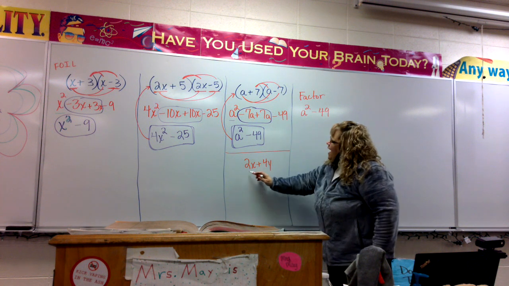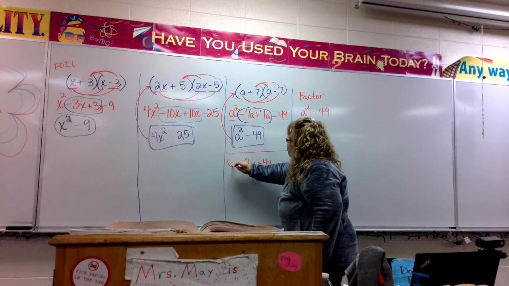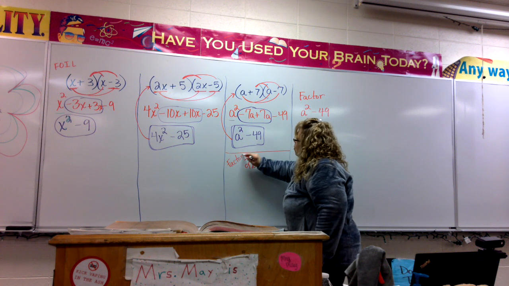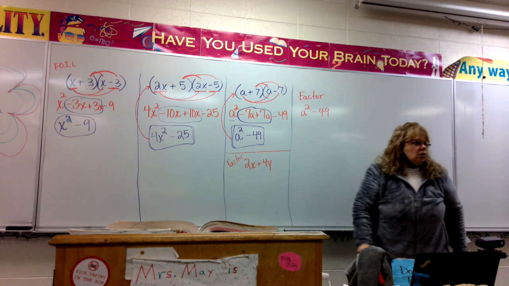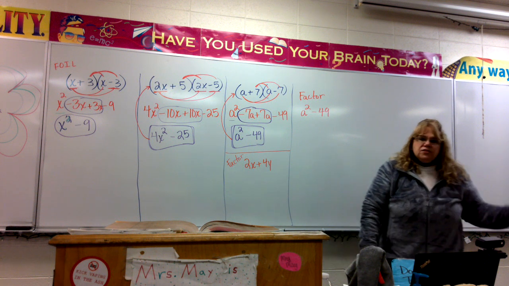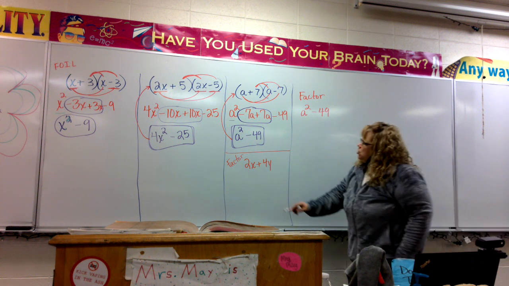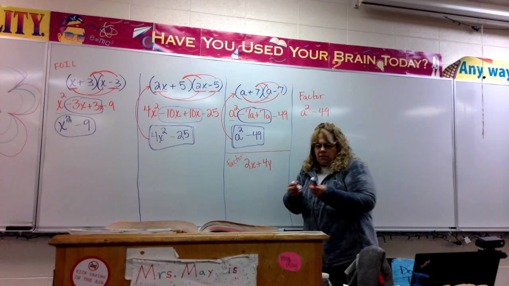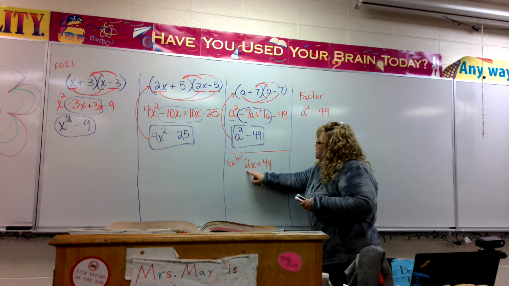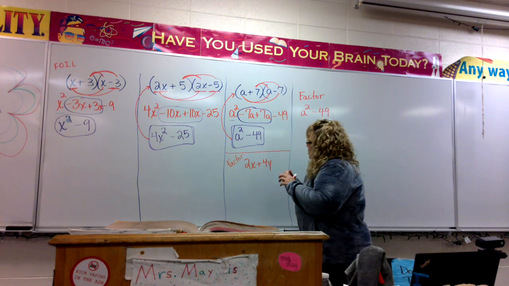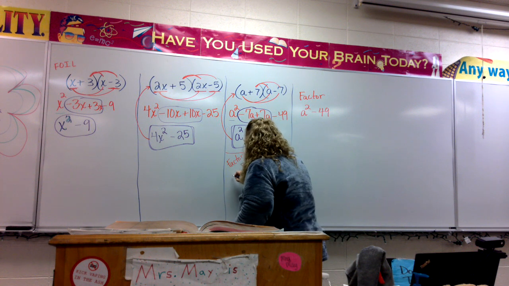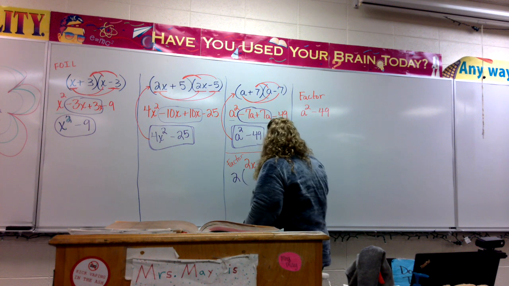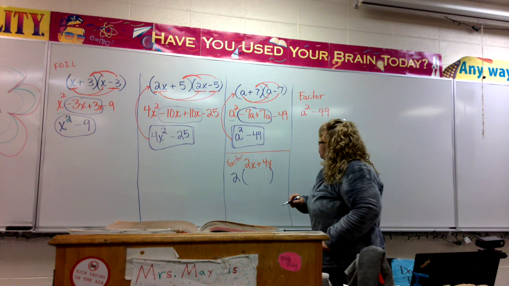And remember, when we factored so far, what we looked for was something common to those. That's what we did the other day. You factored it by looking for something in common. What do these two have in common? A 2. And you took that out. And then in parentheses, you put what's left.